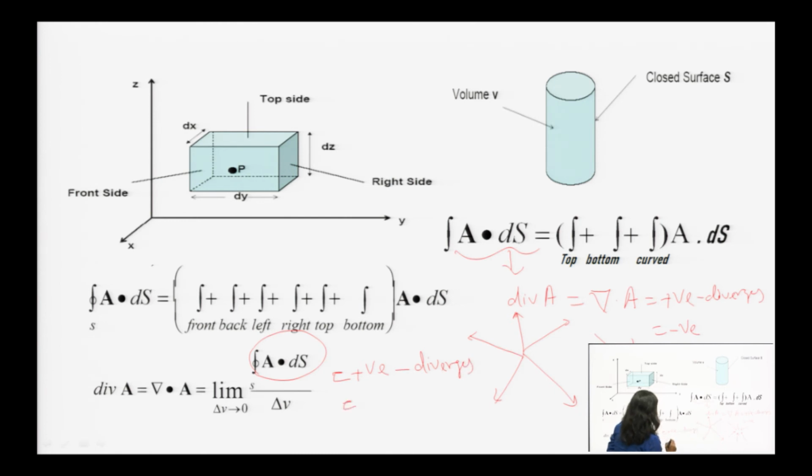If the value of this is negative, it means the field converges at some point P. If the value is 0, it means that the field is parallel and does not converge, neither converges nor diverges, meaning the field is a parallel field.